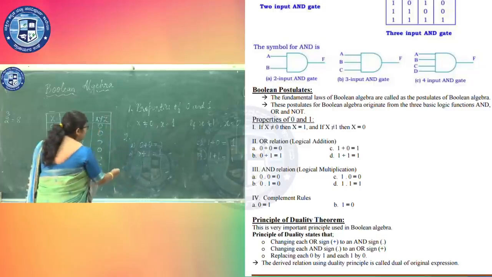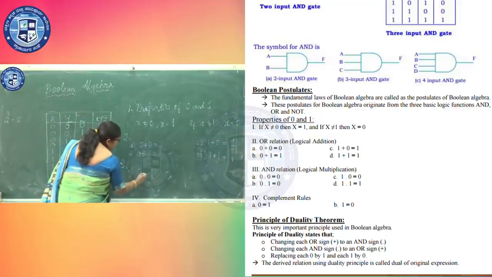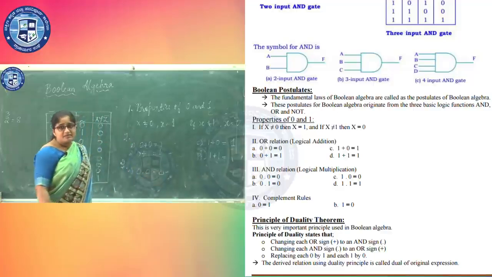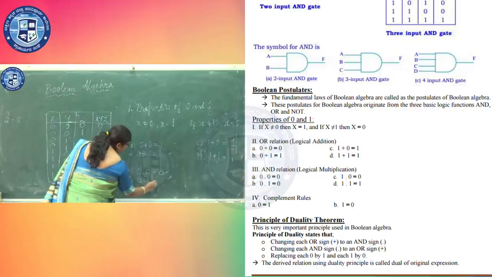Next we have the AND relation. The same way, 0 and 0, it is 0 because there are no values at all. Next 0 and 1.